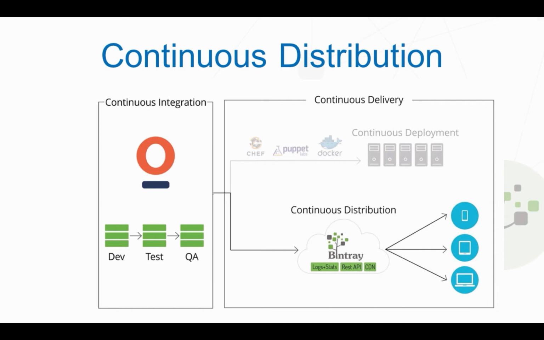It can be a package that is installed by a package manager and so on. But at the end of the day, you have to go out to the cloud or to your internal cloud and distribute your software to your end users, because you're not going to be the one running it. So this is where Bintray comes into place, and this is where the whole concept of a download center comes in, which doesn't necessarily have to be a server from which people are downloading installable software, but it can be any distribution server that you set up.